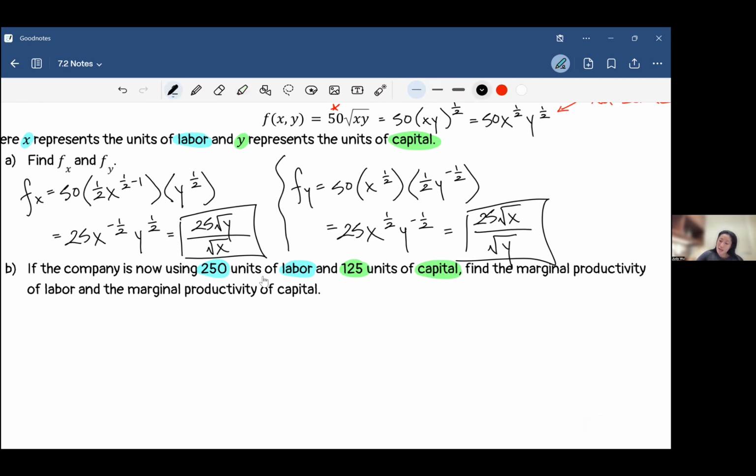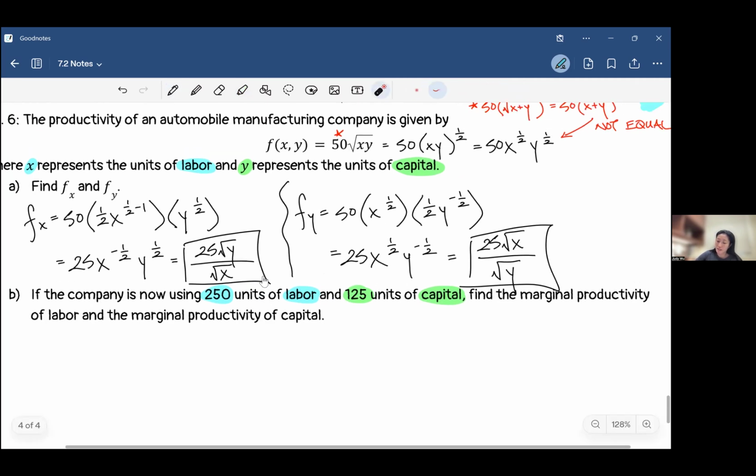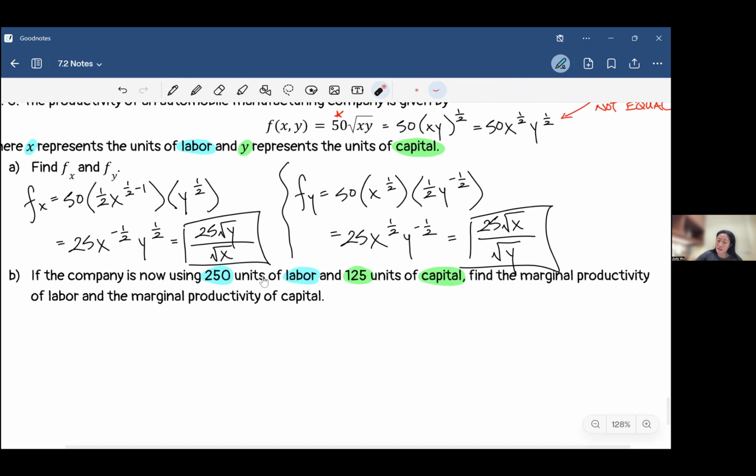Find the marginal productivity of labor and the marginal productivity of capital. Okay. Now, the productivity is like, how efficiently are you working? But when we talk about marginal productivity, we're asking, if we added more labor or more capital, would that really help?